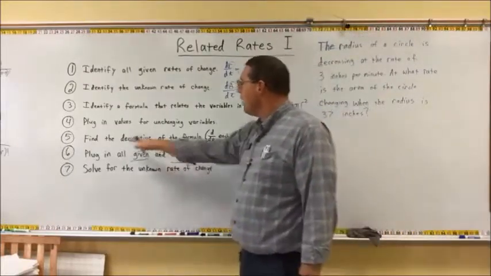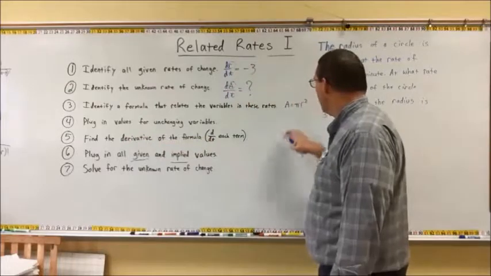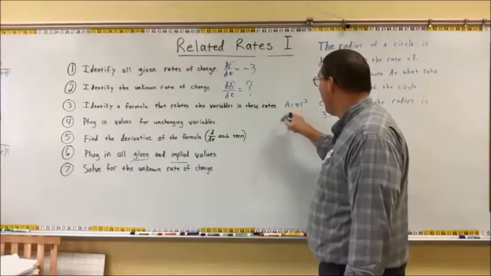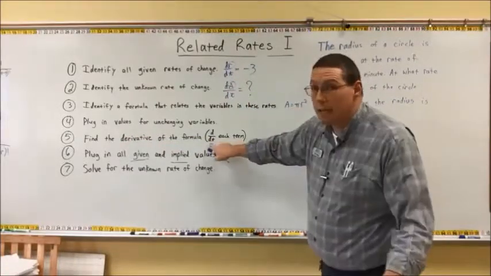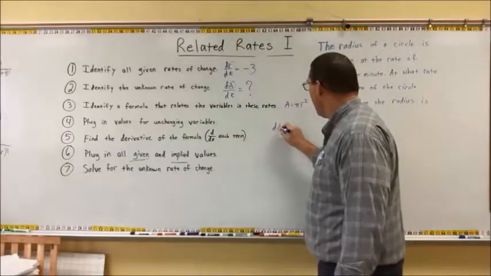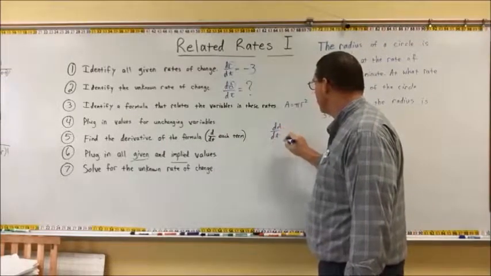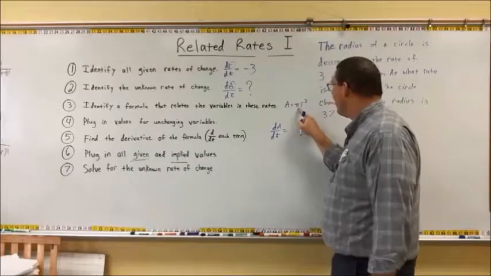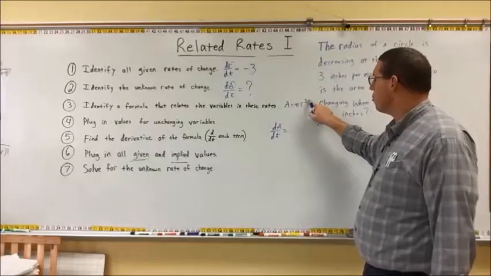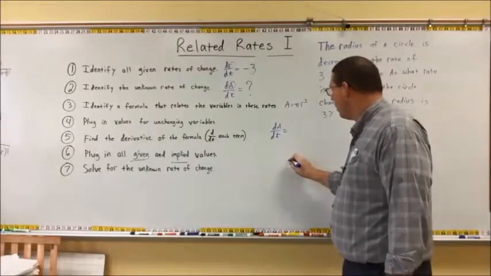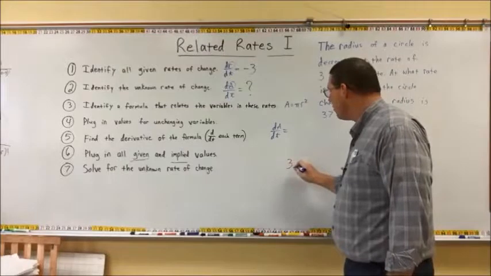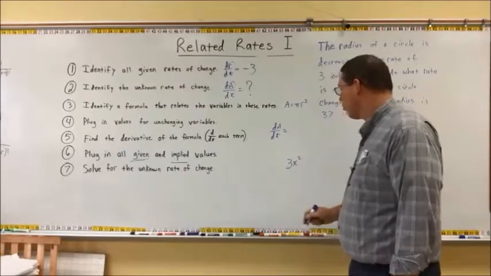Step 5, find the derivative of the formula. Okay, well, we're going to do the derivative of A with respect to t, so that's going to be dA/dt. That's it, there's the derivative, equals. Now we're going to do the derivative of pi r squared. Well, pretend, instead of pi r squared, what is the derivative of 3x squared?